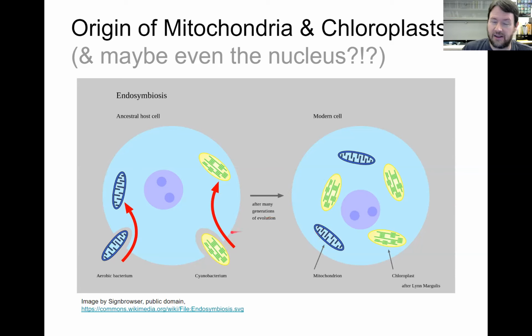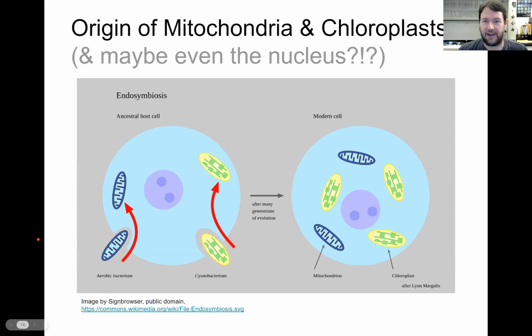And then later on, after billions of years of evolution, those became the mitochondria and chloroplasts. I shouldn't say billions, maybe hundreds of millions, or maybe up to a billion. So that's maybe where these modern eukaryotic cells came from, this endosymbiotic origin.